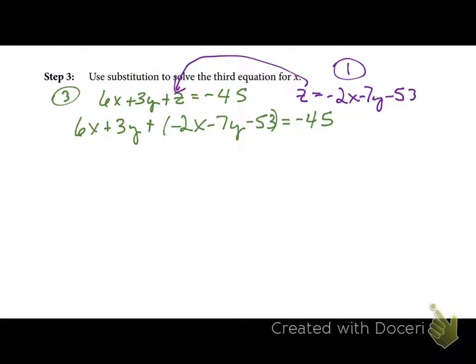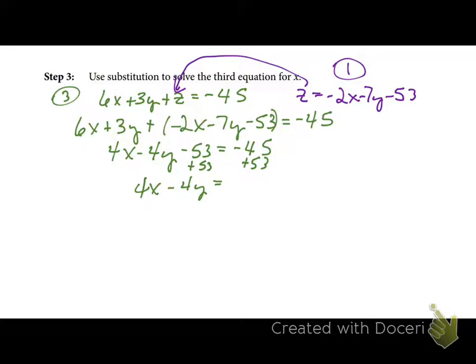We have 6x and negative 2x, which gives us 4x, and a 3y and a negative 7y, which gives us a negative 4y, minus the 53 equal to the negative 45. Now we're going to move our 53 to the other side by adding it. So we have 4x minus 4y equal to 8.